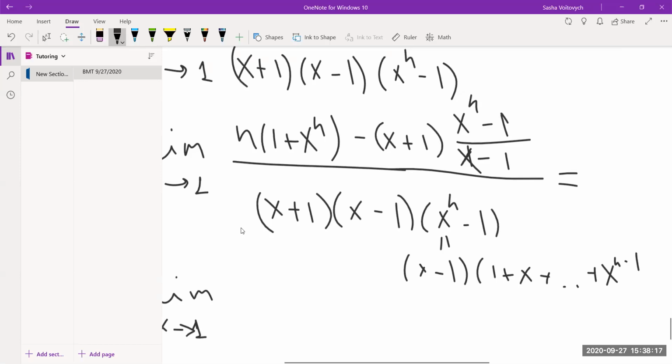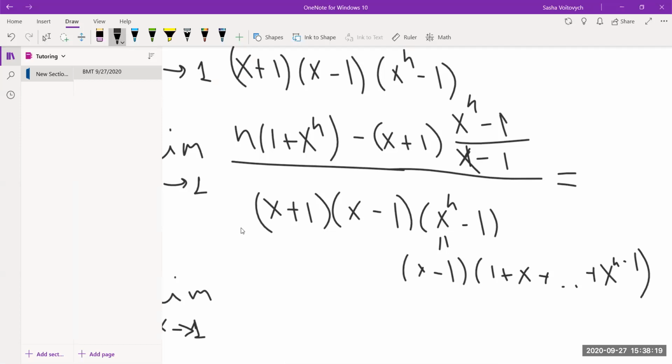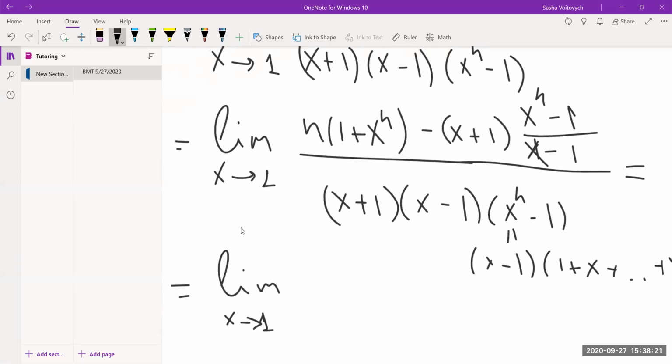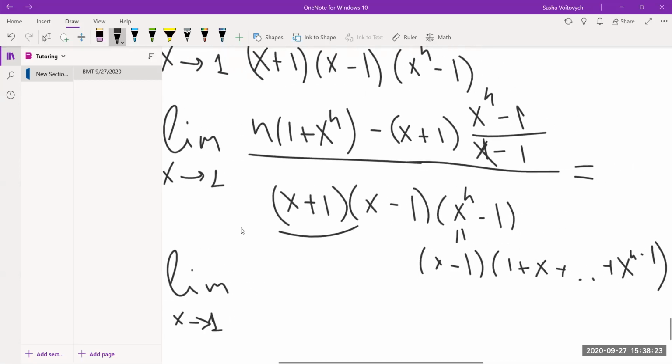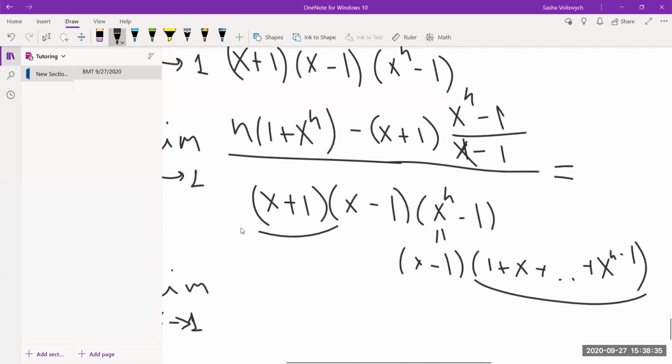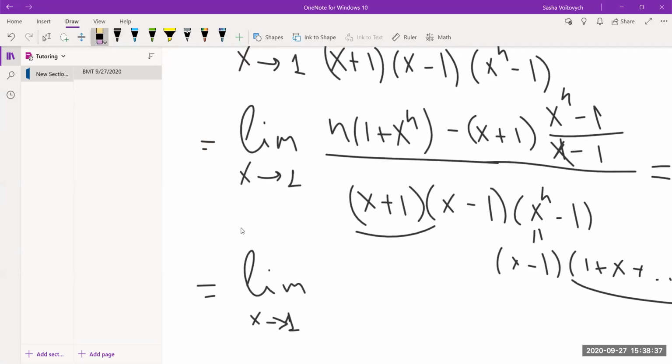So we can factor out this and evaluate it at x equals 1, and this will not change the value of the limit. It's like the limit of a product is the product of limits.